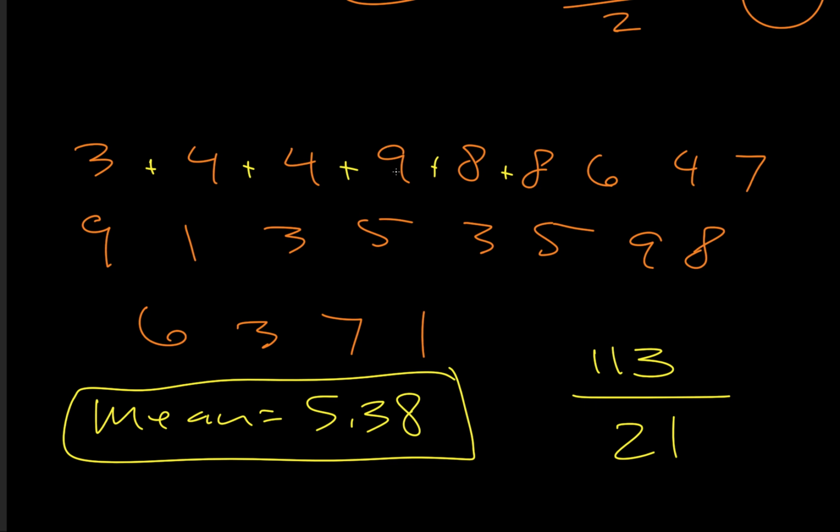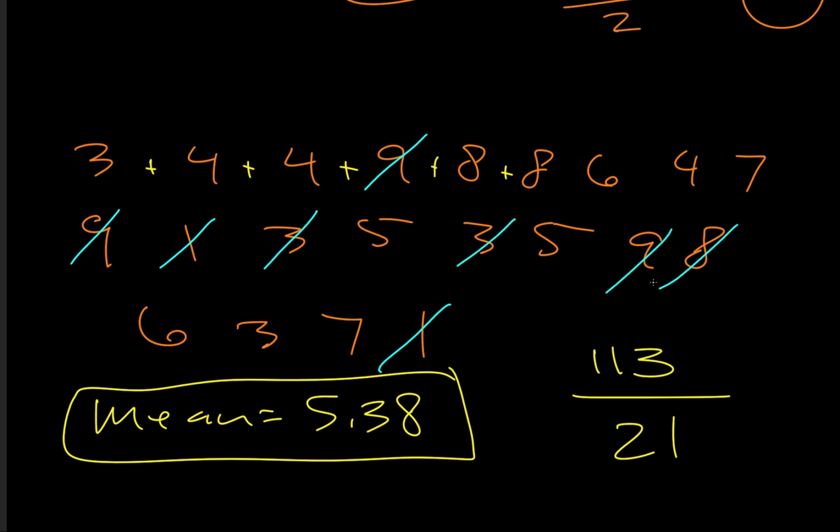Now we're going to find the median. So the median is the middle number. So I'm going to just start crossing out high, low, high. So I go low, high, and the lowest number now is 3. The highest is still 9.